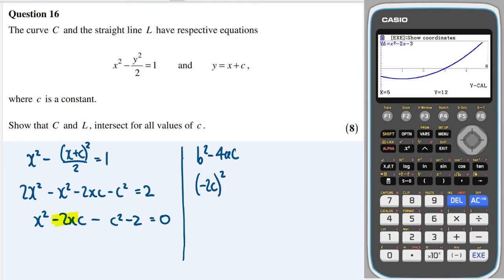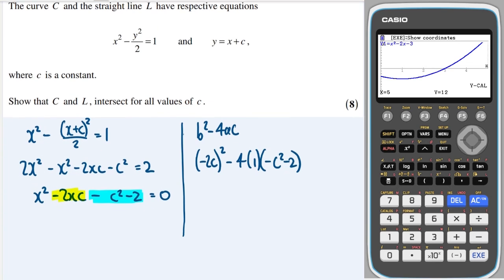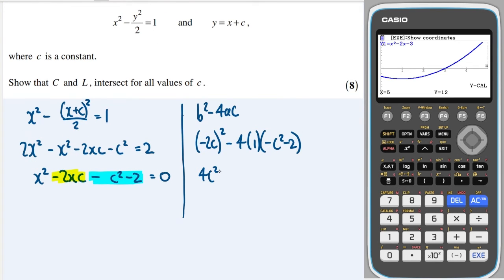That comes from this part here, and then minus 4 lots of a, which is 1 because it's just 1x squared, and then let's look at the c term, which are the constant terms, which are minus c squared minus 2. Okay, let's expand. We're going to get 4c squared, plus 4c squared.